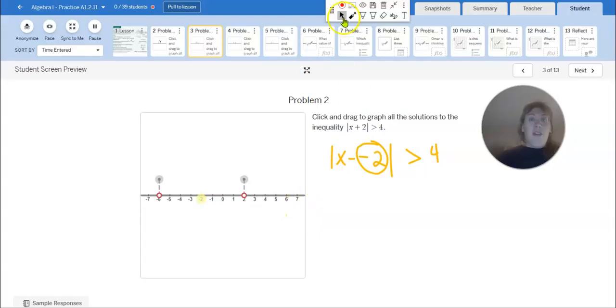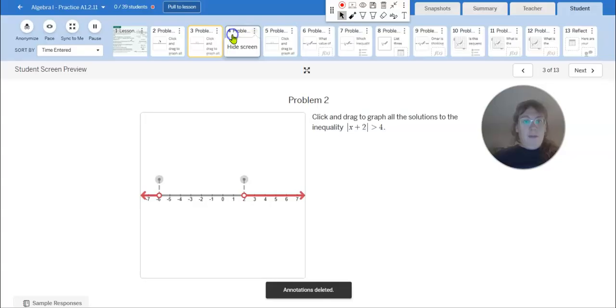And then if we're looking for values that are even further away than 4, we want to shade on the outside with the arrows pointing in either direction. Beautiful. So that's how we can think about it when we have an absolute value inequality written like this.